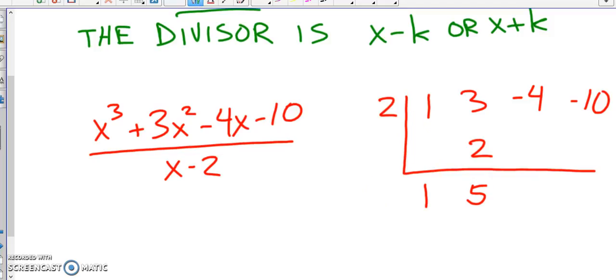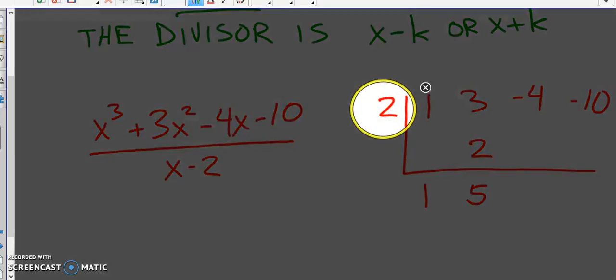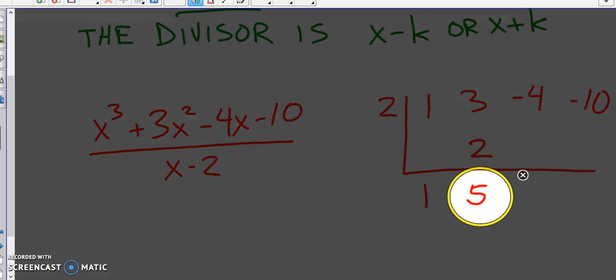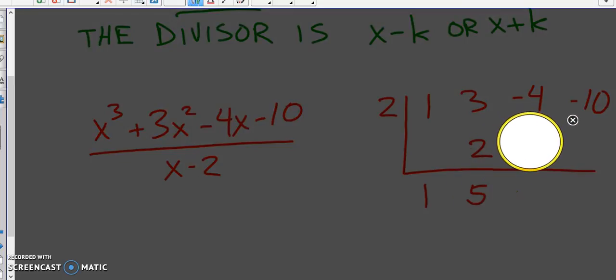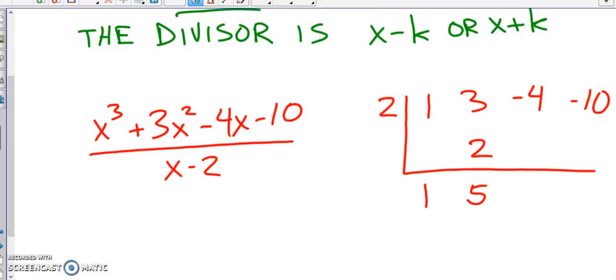Then this 2 here, still this 2 right here, I'm going to multiply it by this 5 here, and put the number right there. So 2 times 5 would be 10. Add, I get 6. 2 times 6 is 12. Add, I get 2. That's my remainder.